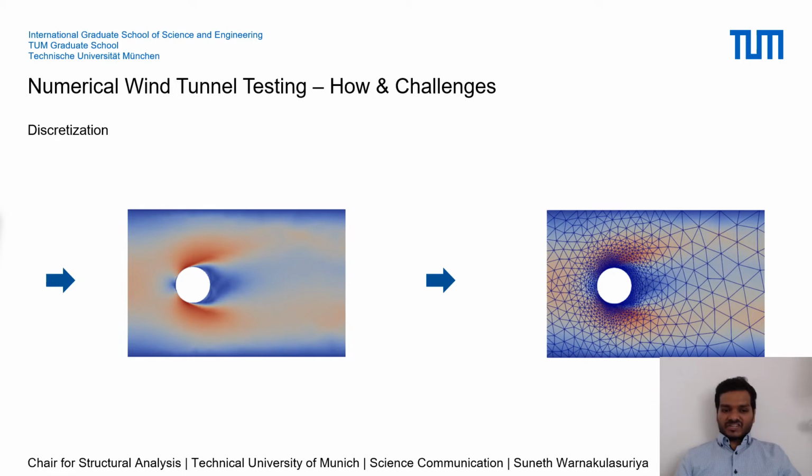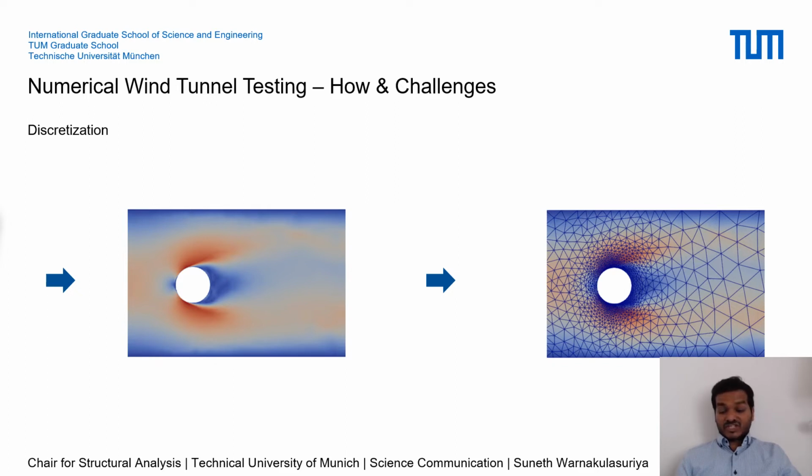Then we have discretization. Once we do the simplification, we have to do domain decomposition. That means we have to divide this right hand side image into smaller domains so that we can use some form of equation to actually predict the wind or the flow on that small element.